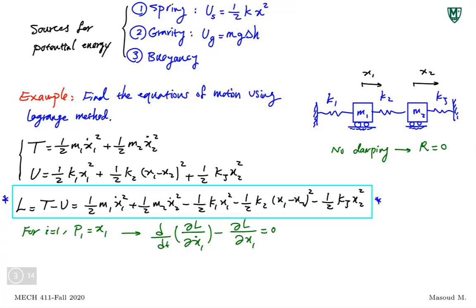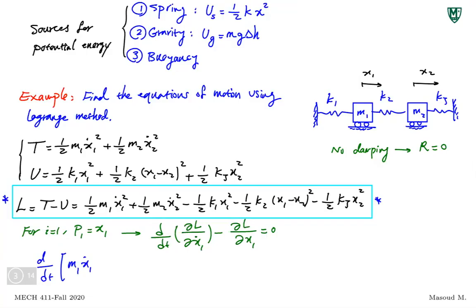Take the derivative with respect to x1 dot. That becomes d/dt of m1 x1 dot. Right? The 2 goes back, 1 over 2 multiplied by 2 becomes 1, so we have m1 x1 double dot after differentiating in time. We're taking the derivative with respect to x1 dot. That's it.